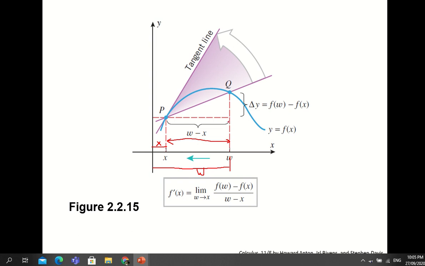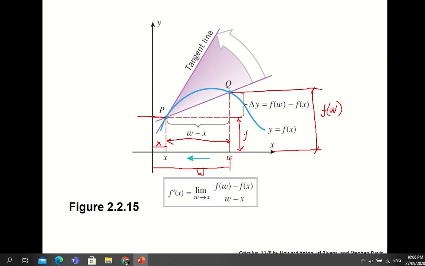Similarly, for the vertical part, of course, this is our f of w, no? This is the height from the x-axis. And then the height of P, this one here, which is also the same as this one here, is our f of x.